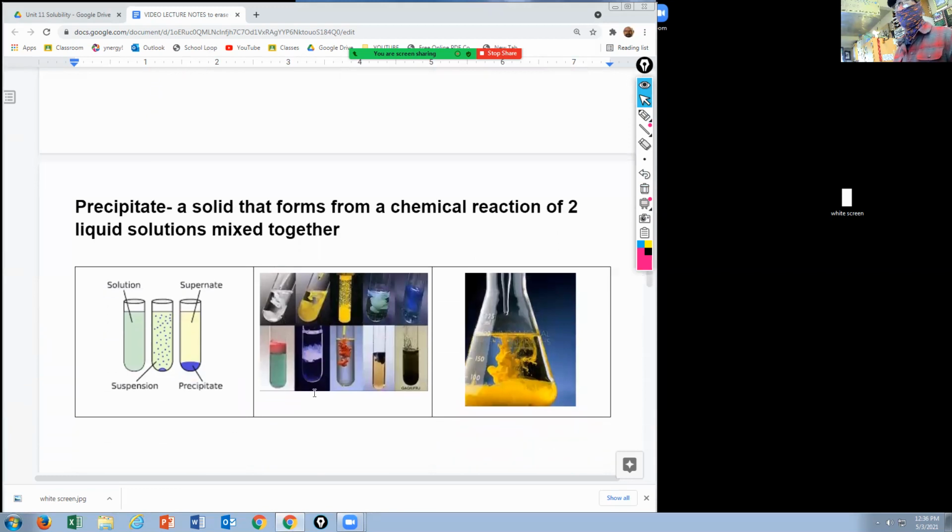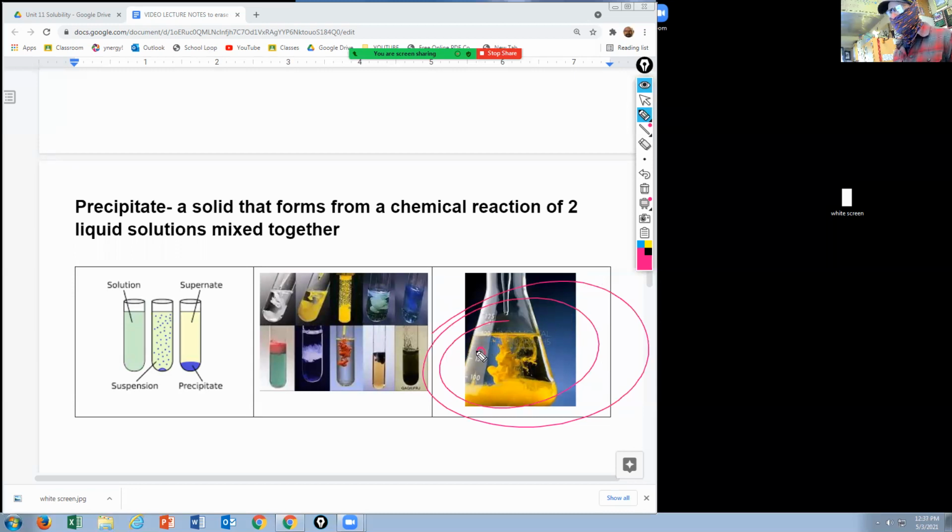All right, let's take a look at what a precipitate is. Now, we're going to do a lab in about 3 class periods, where we're going to be working with these things called precipitates. Basically, a precipitate is a solid that forms in solution. This one right here is lead iodide.